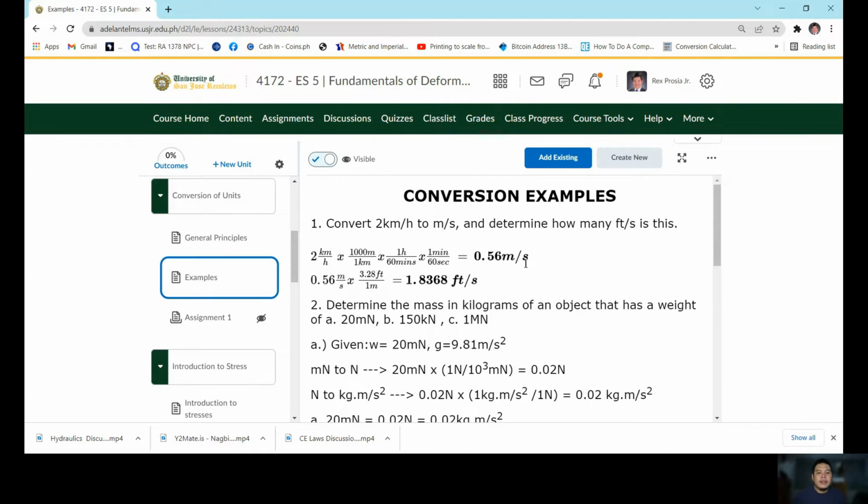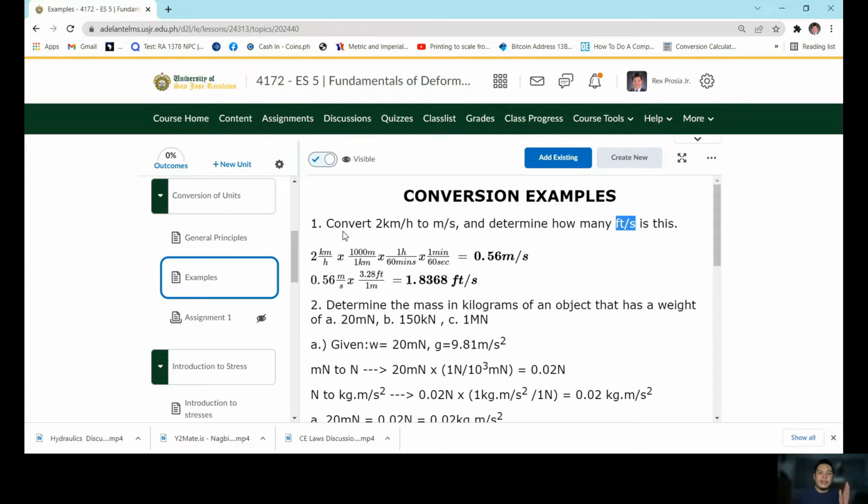So basically we are given 2 kilometers per hour. We want to convert that one into meters per second. And afterwards, we can convert that one to feet per second.